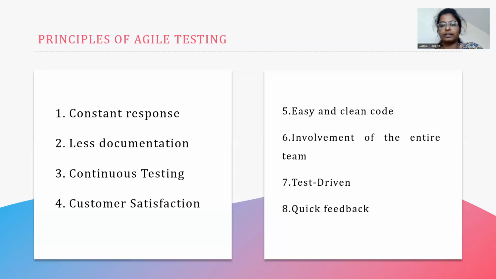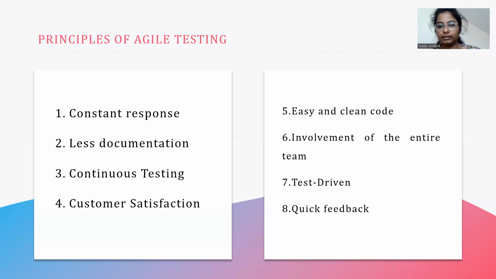Next is customer satisfaction. In any project delivery, customer satisfaction is the most important as the customers are exposed to their product throughout the development process. As the development phase progresses, the customer can easily modify and update the requirements, and the test can also be changed as per the updated requirements.